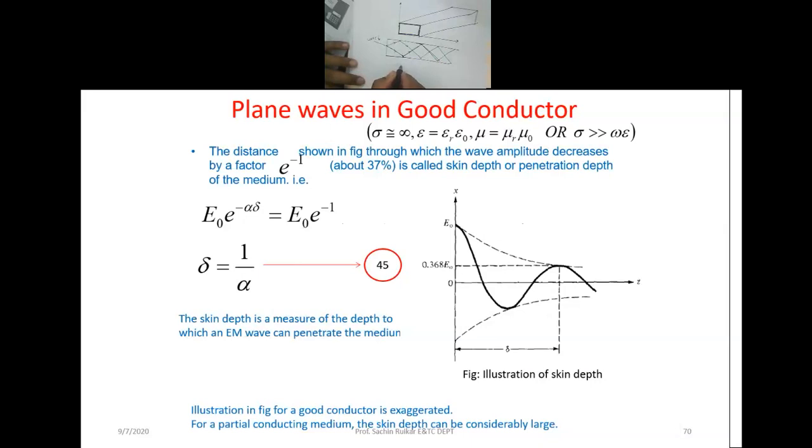So what is the depth of penetration of the wave? Suppose this is your ground conducting surface, a conducting wall. Now I have a field, the electric field. How long does it penetrate through this particular wall? That is what we can say about the reflected one. This one is the incident one.